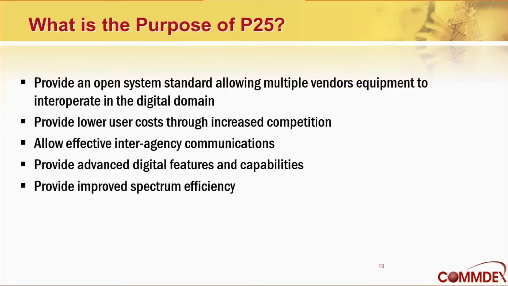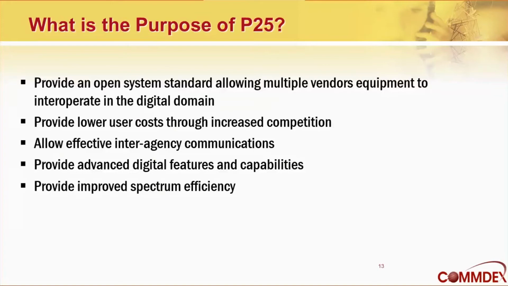Also, it provided competition, which drives the costs down, allows better interoperability, so that this county system can talk to that county system, which can talk to the state system, which can talk to the federal system, which can talk to national systems, and they can all interoperate. It also provided improved spectrum efficiency relative to the analog predecessor.